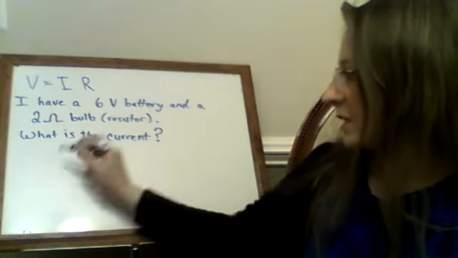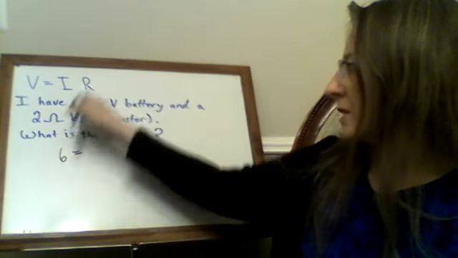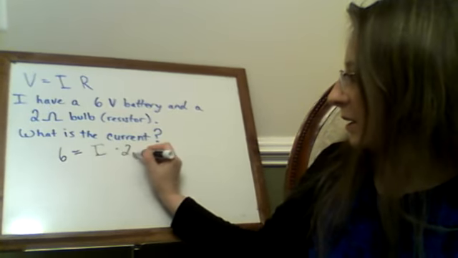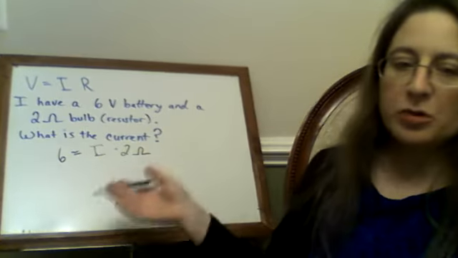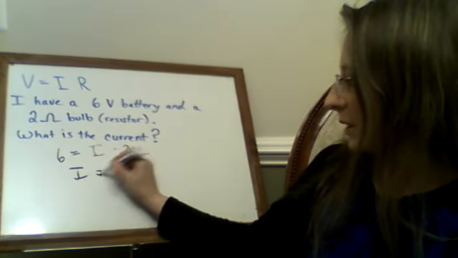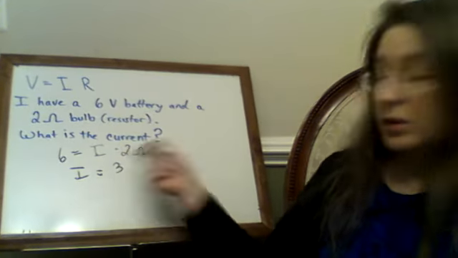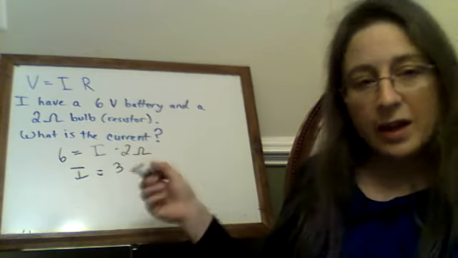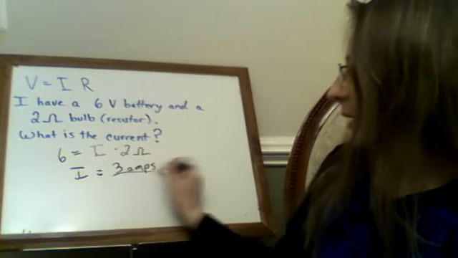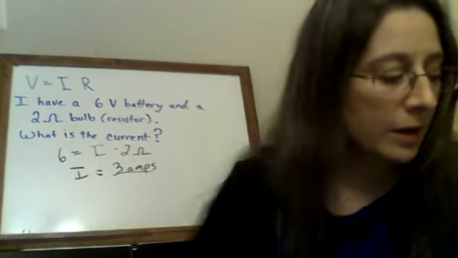Voltage is 6 volts, and then resistance is 2 ohms, and I want to find current, which is I. So obviously I divide through by the 2, and I find current to be 3, because 6 divided by 2 is 3, and the unit for I is amps, so 3 amps. So my current would be 3 amps if I have a 6-volt battery and a 2 ohm resistor.